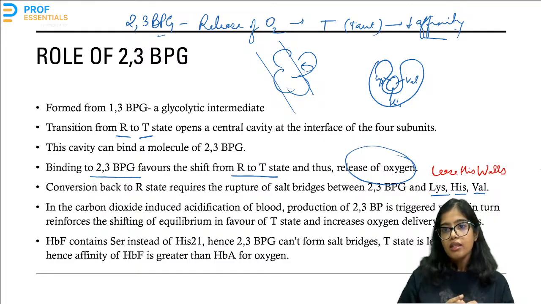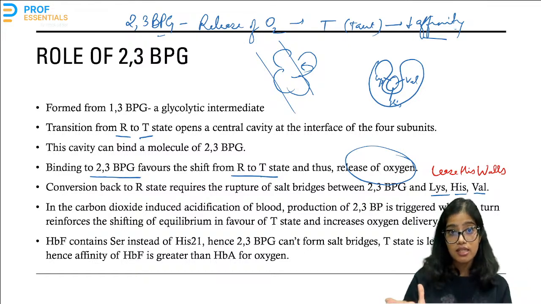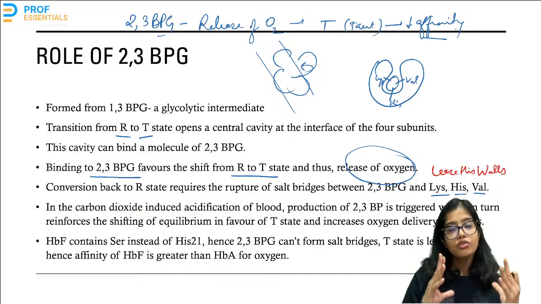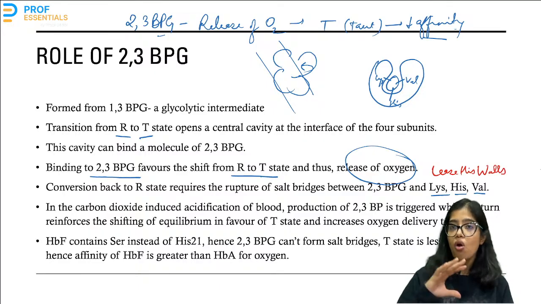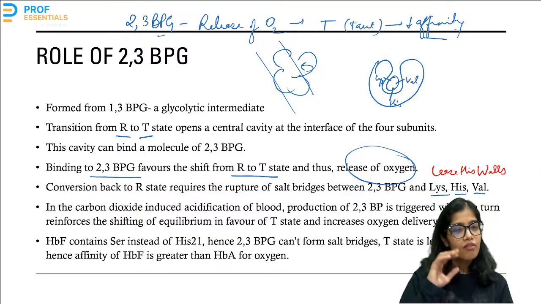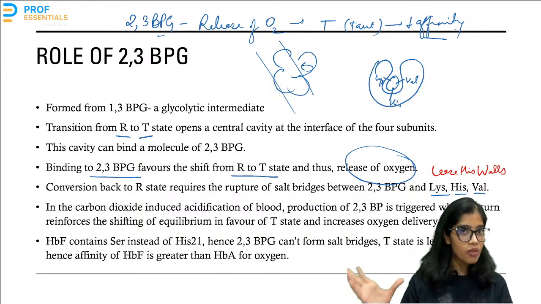Now, when carbon dioxide is present in excess, it is going to cause acidification of blood. Therefore, during that time, formation of 2,3-BPG is triggered. What 2,3-BPG does is it reinforces the shifting of equilibrium in favor of the T state and increases oxygen delivery to tissues. Whenever there is high carbon dioxide in the tissues, there will be formation of 2,3-BPG.